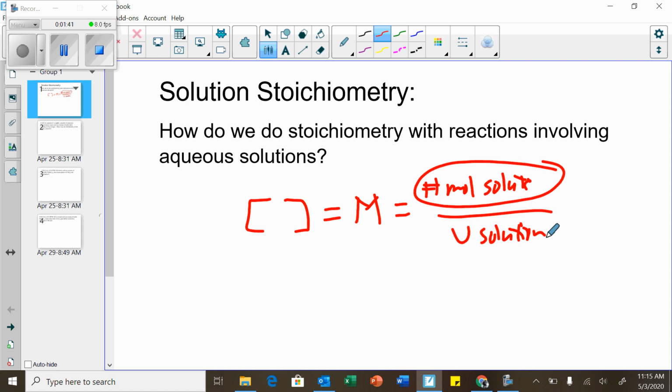Or if we happen to know moles and volume, we can find molarity, as we were doing in our last segment there. So I'm going to give you an example of each type, right? So one where we're trying to find the molarity of a solution. This is kind of what titration's all about. That's coming, like I said, later in the week.